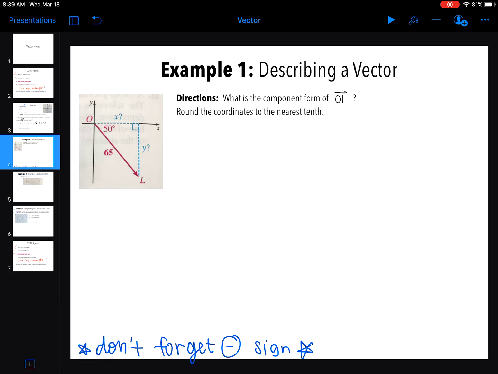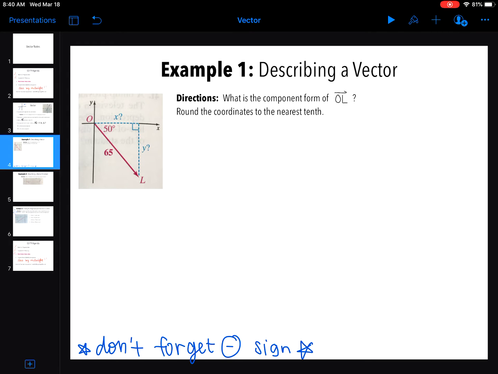So example 1, describing a vector. We are given vector OL in our image, and we want to write the component form for OL. Well, we don't have our back grid for our vector, so I can't just sit there and count how many spaces it moves.